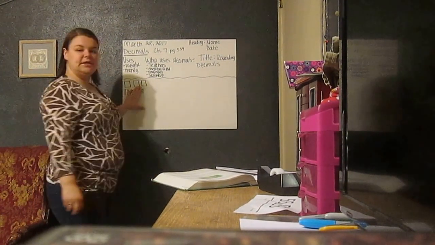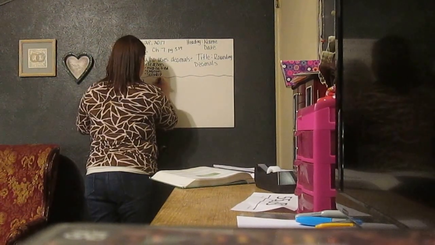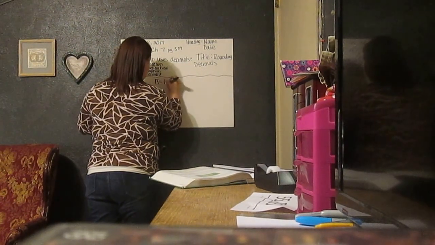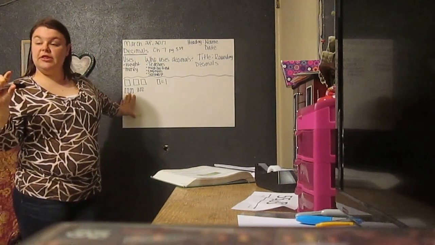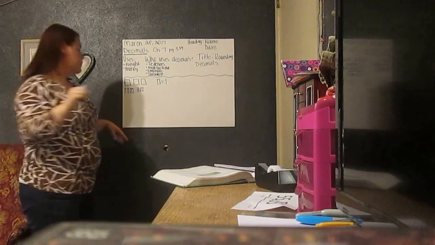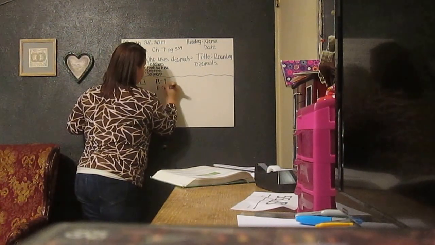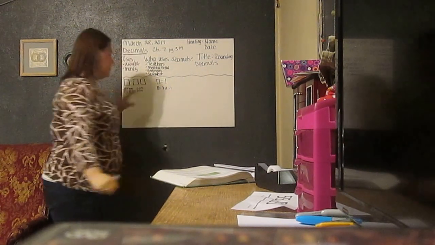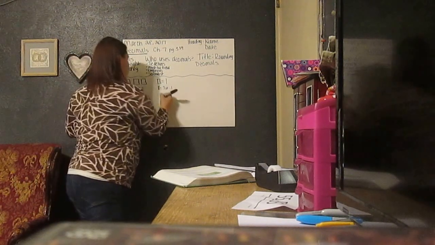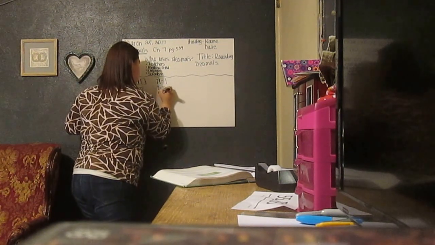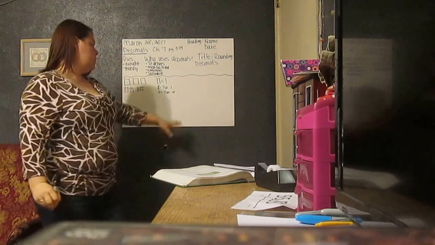How much is the large square worth? The large square is worth 1. What about the thin strips? They are worth 1/10 or 0.1. And the small squares, they are worth 1/100th or 0.01.